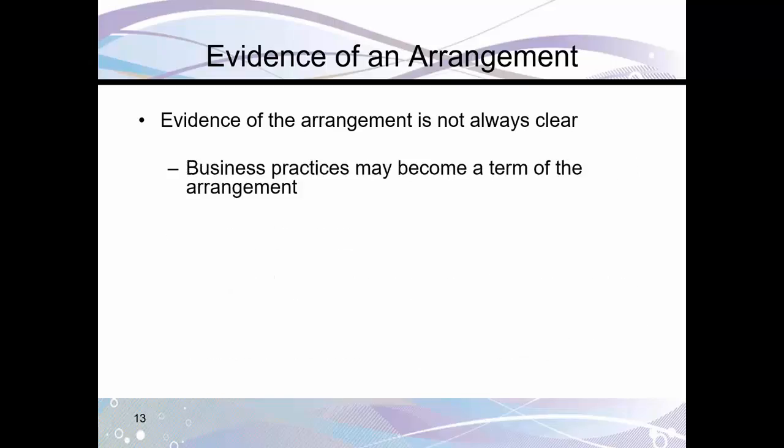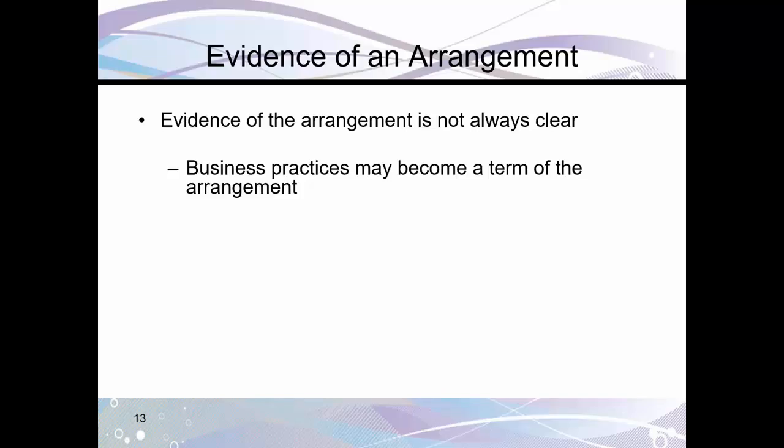In addition to the written portion of the contract, sometimes there are business practices which become a term of the arrangement. For example, if a vendor has a business practice of always refunding money to customers if they're not satisfied with a product, particularly within a period of time, well, then that would be a term that we would need to take into consideration in our determination of how to recognize the revenue.